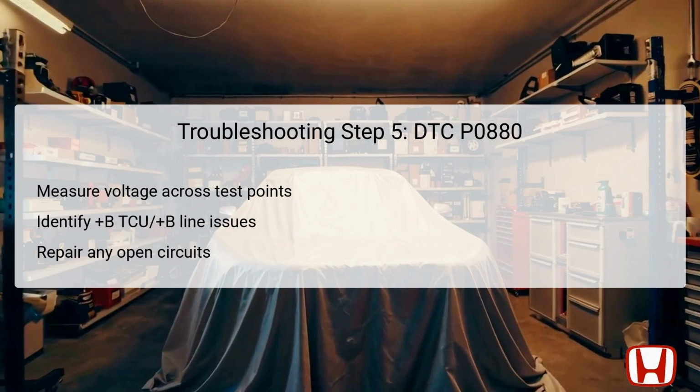This measurement will provide insights regarding the integrity of the +B TCU, transmission control unit wiring. If battery voltage is measured at this point, it indicates that the +B TCU wire is functioning properly, and you can move on to the next step.